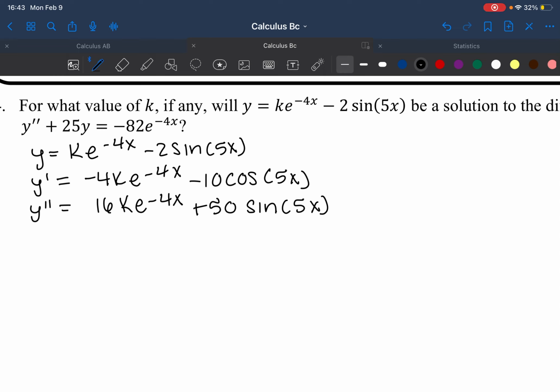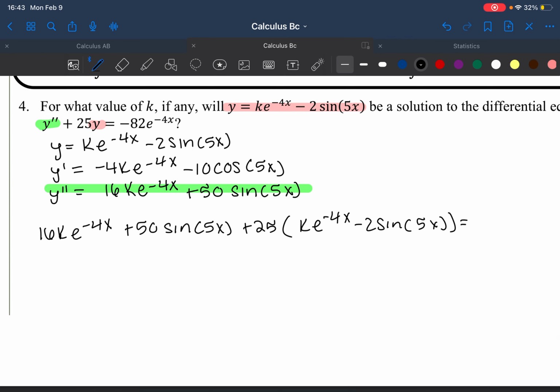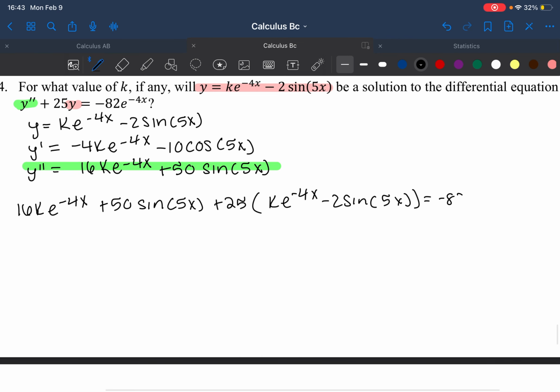Then I'm going to plug in this y double prime, and then plug in this y for this y. So I have 16k e to the negative 4x plus 50 sine of 5x plus 25 times k e to the negative 4x minus 2 sine of 5x, is equal to negative 82e to the negative 4x.